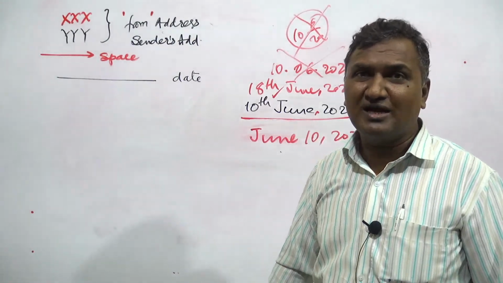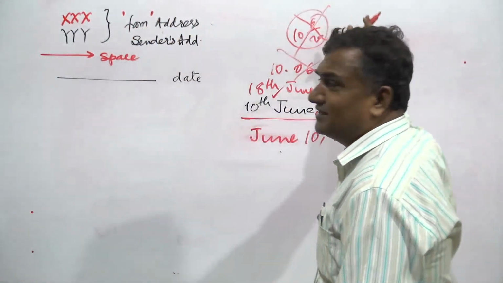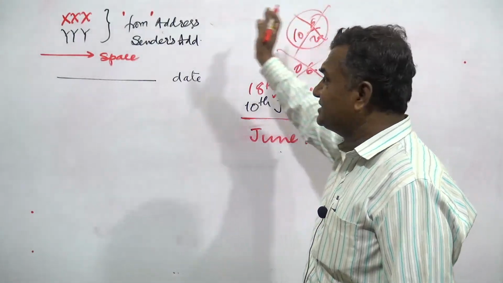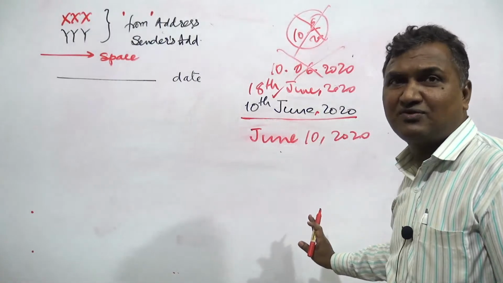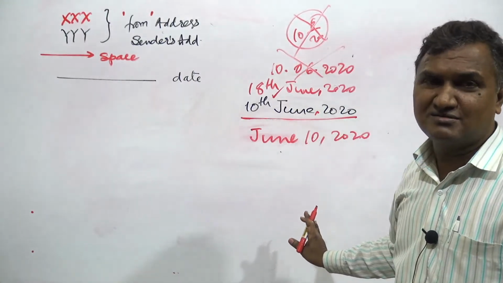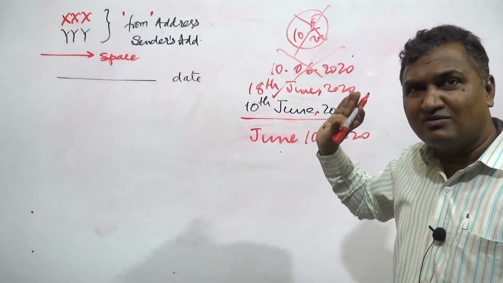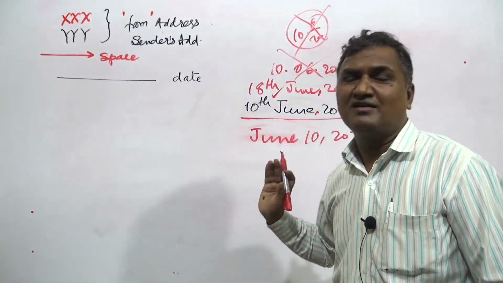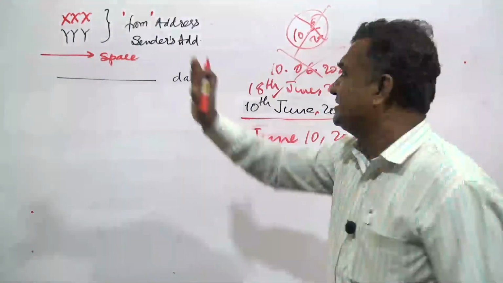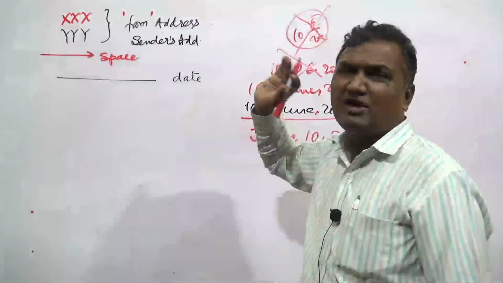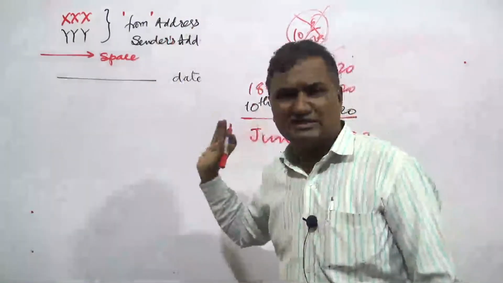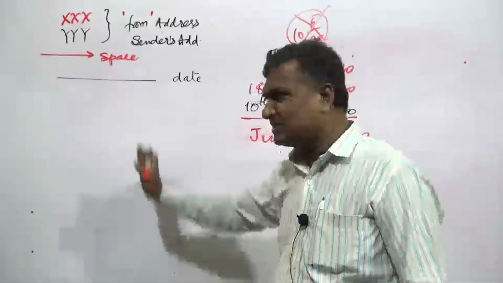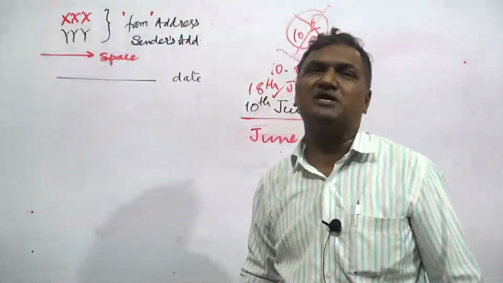Some students tend to write from address to the right hand side. And for to address, they will come to the left. Body of the letter. Again, for close, yours faithfully, they will come to the right side. That is the old way of writing. Leave that and go up to this side. So everything is aligned. From address, date, to address, subject, reference, and all those things, all of them come to the left side.